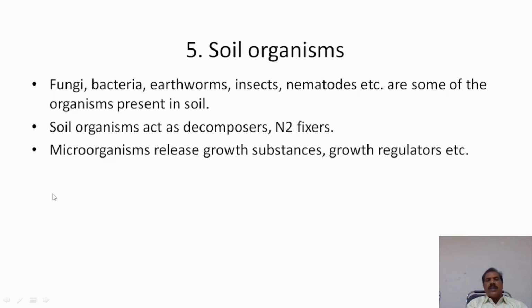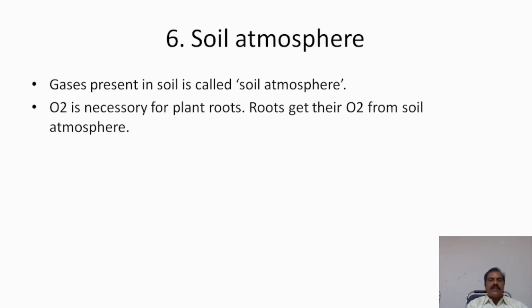Not only decomposers and nitrogen fixers are present in the soil. Some microorganisms also release growth substances like vitamins and growth regulators like auxins and gibberellins, which are absorbed by the plant roots and enter into the plants and will be available to the various physiological or biochemical processes occurring in the plants.